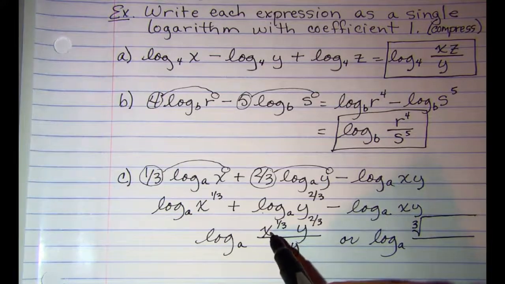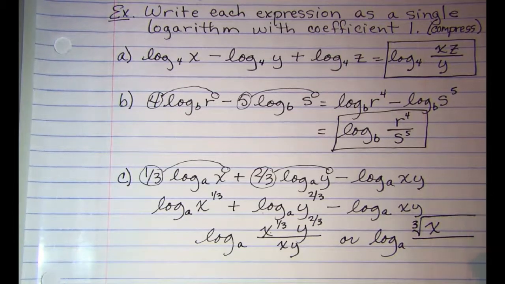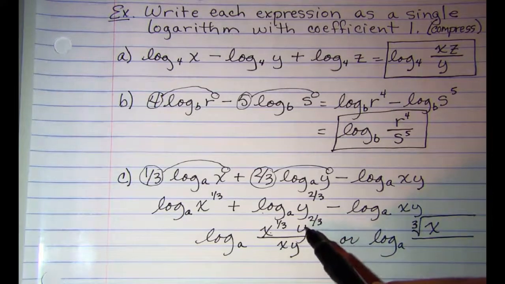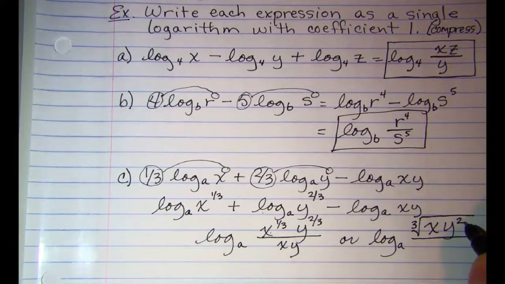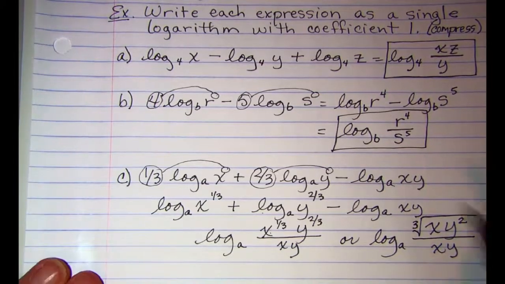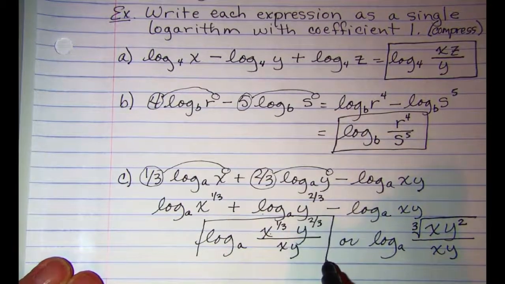And then the x to the first power would be a factor of the radicand, and y to the second power would be a factor of the radicand. And then xy is in the bottom. Both of these would be acceptable.